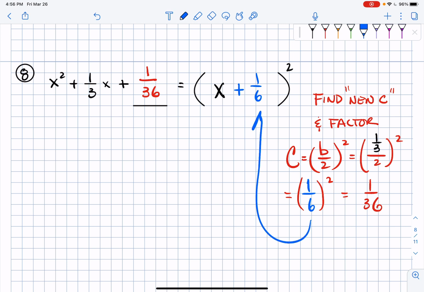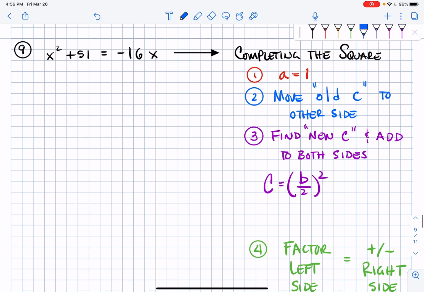So since it's already factored for you, you don't actually have to try to factor that trinomial right there, which I'm sure would be a little bit difficult. It's already solved for you. Okay, so then that is going to be choice C. And there you go.